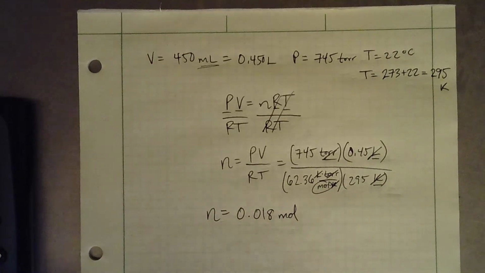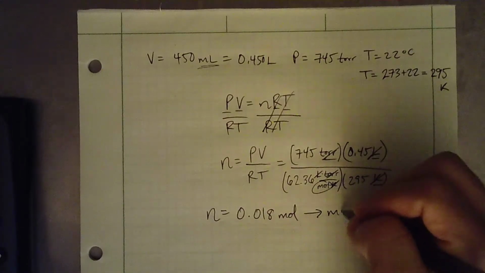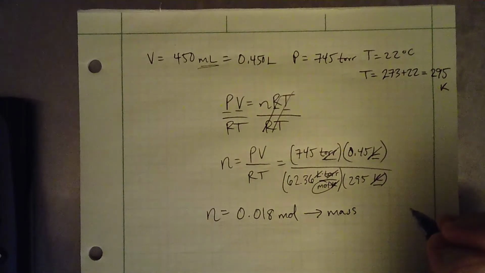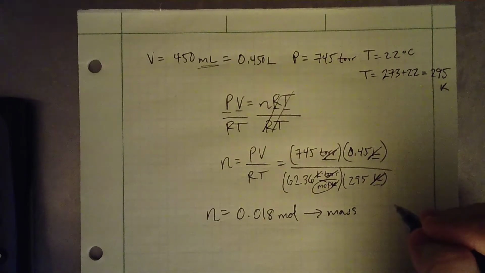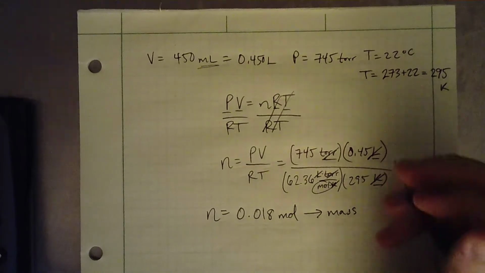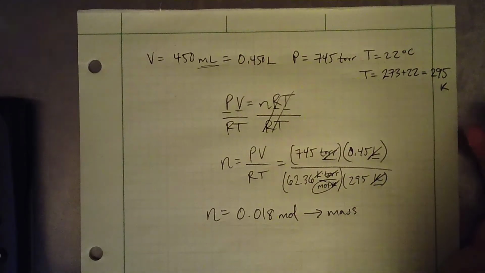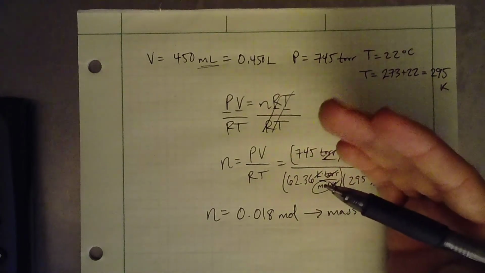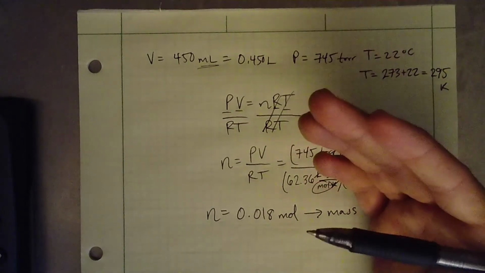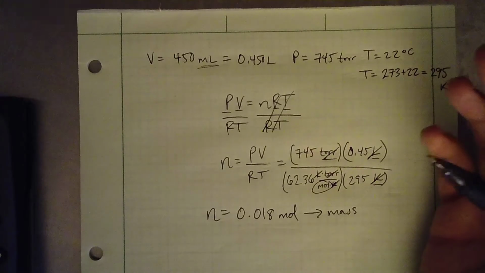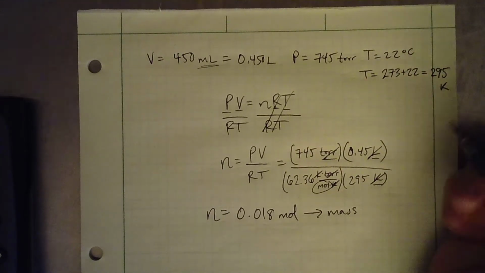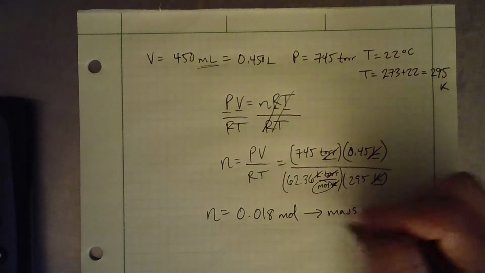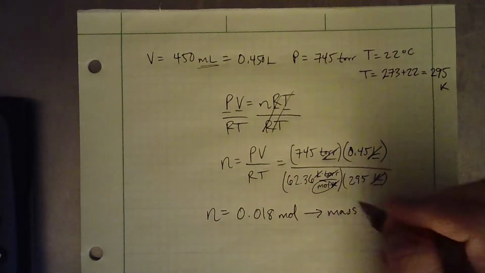Now, this is interesting. If this was like the previous problem, where we were trying to convert this to mass, we would be in trouble. Because when we breathe in air, air is actually made of several different things: nitrogen, oxygen, a little bit of water vapor, some carbon dioxide, argon, and other trace amounts of things like methane. That would be difficult because we don't have a single molar mass that we could use.